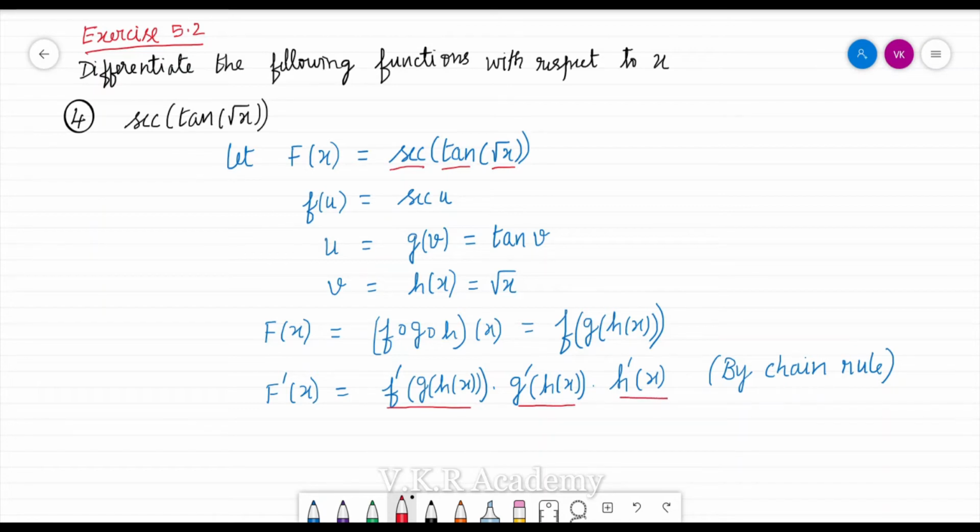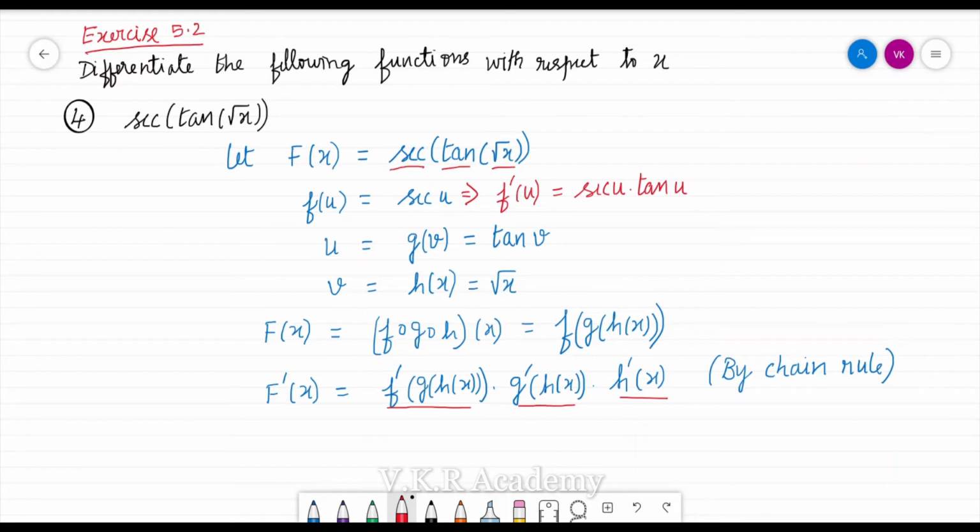So f dash of u: differentiating secant u, we get secant u into tan u.